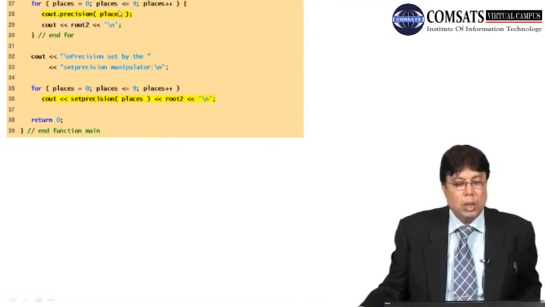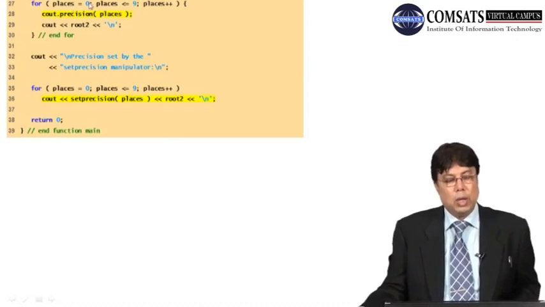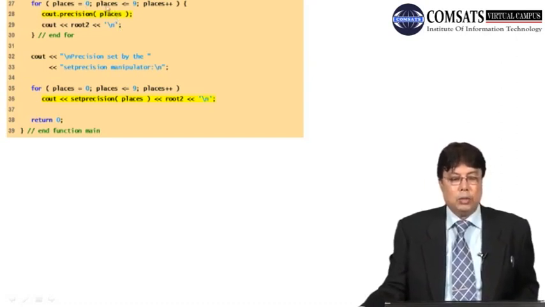Up to 9. Initially place will be equal to 0, so we can have cout precision place. It's 0, so after the decimal there should be 0 places, then 1, then 2, 3, 4, 5, 6, 7, 8 and 9. That you can do with the help of the member function.